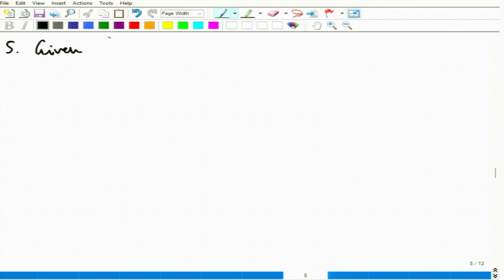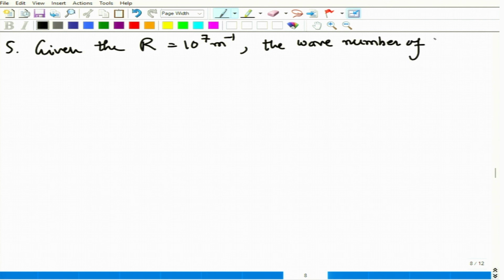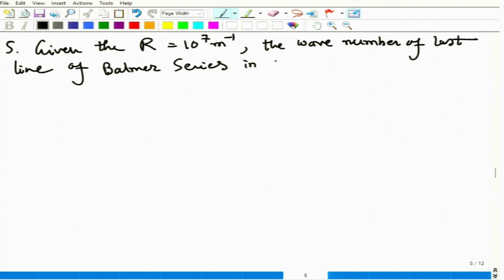Given the value of Rydberg constant 10⁷ meter inverse, the wave number of the last line of the Balmer series in the hydrogen spectrum will be. Again there are 4 options.